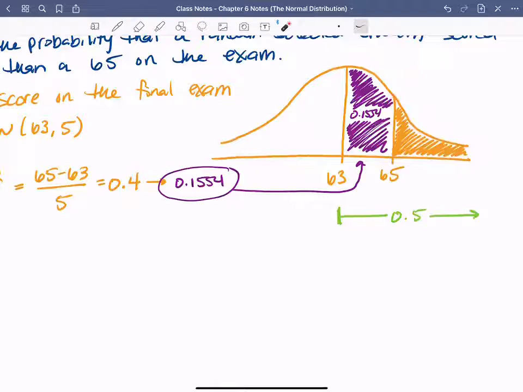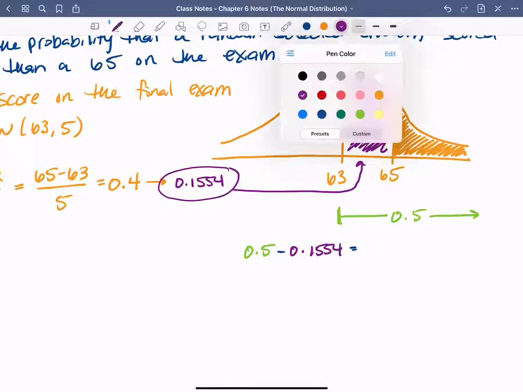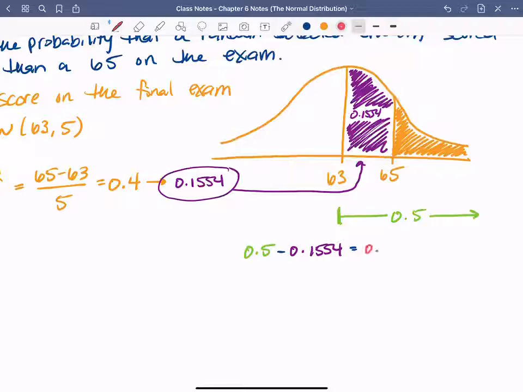So the math we're going to do behind this, we're going to say 0.5 minus our 0.1554, and that's going to give us 0.3446.